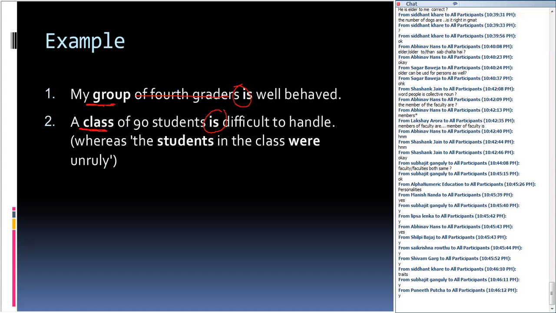Now this class is of 90 students. ये immaterial है. There may very well have been 80 students. But if you're talking about the students, not the class, if you say the students in the class, then you would have used the plural verb, because now you're talking about the students. Now these students are in the class or out in the playground. That becomes extra information.